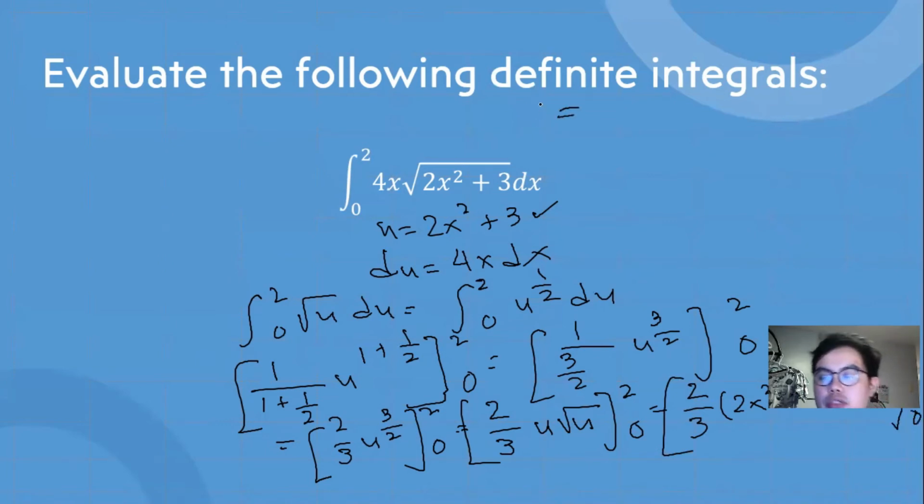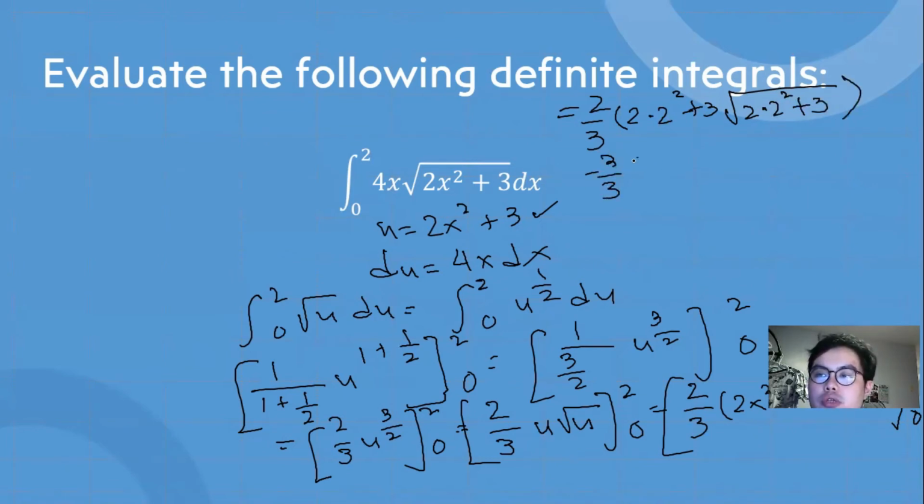So here, we're going to substitute. So it will become 2/3 times, okay, so it will become 2, then 2 squared plus 3, then 2 times 2 squared plus 3.